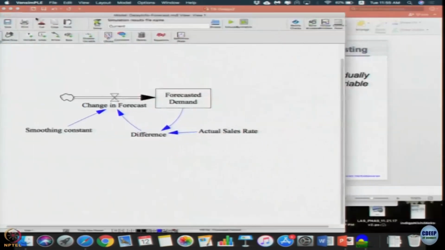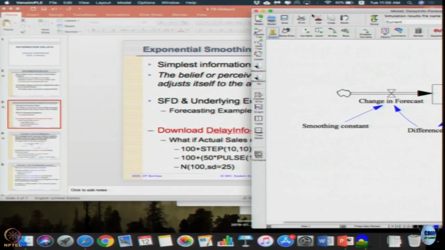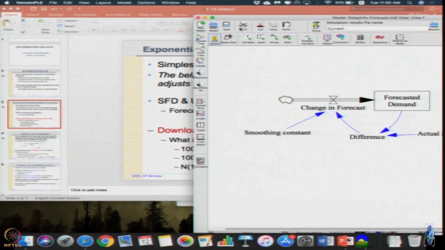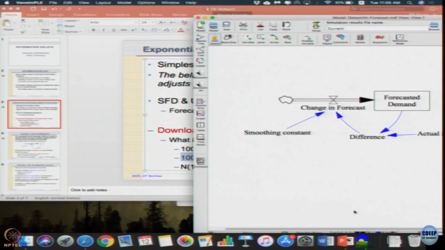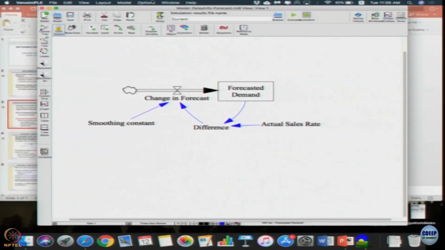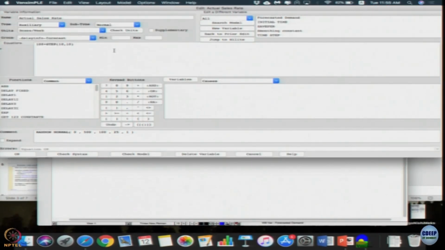What was it? 100 plus 50 into, let me just copy this. Yeah. So, now I am just going to the actual sales rate and replacing it with 100 plus 50 into pulse 10 comma 1.